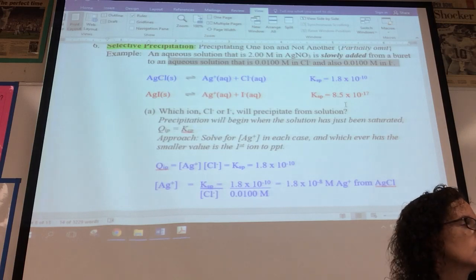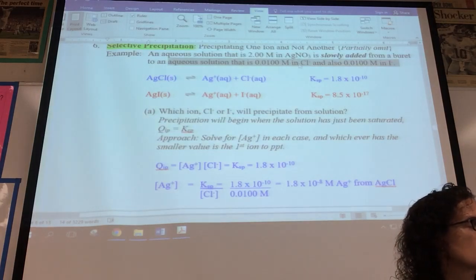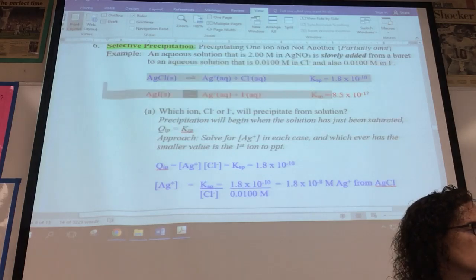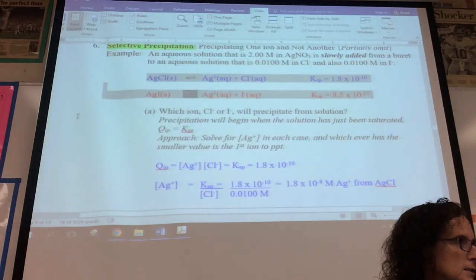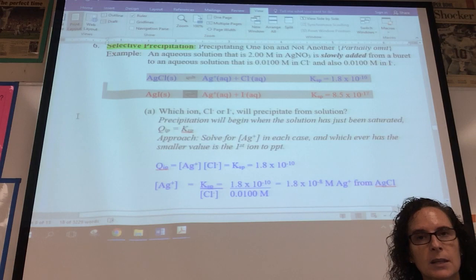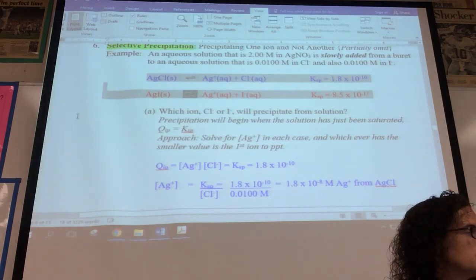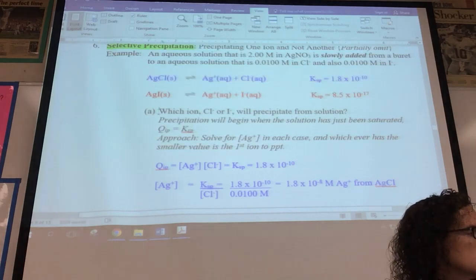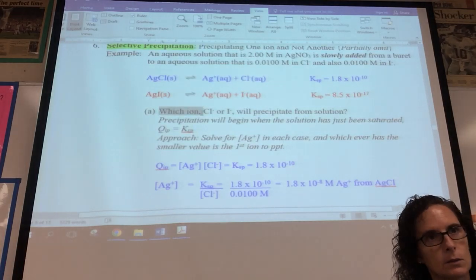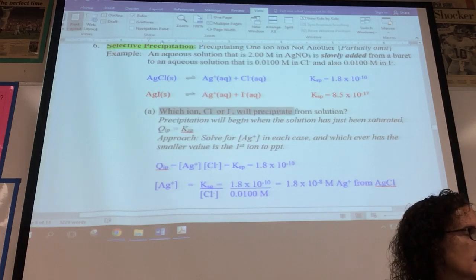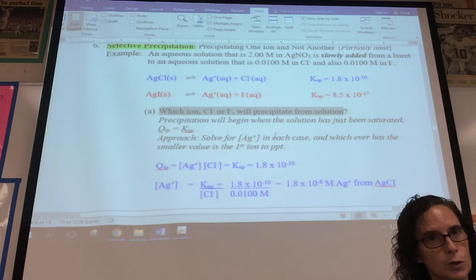That's the spectator ion. So with the silver ion. Now, these expressions may be given. The KSPs have to be given. You've got these pieces. Here's your question. This could be asked. Which ion, chloride ion or iodide ion, will precipitate from solution?